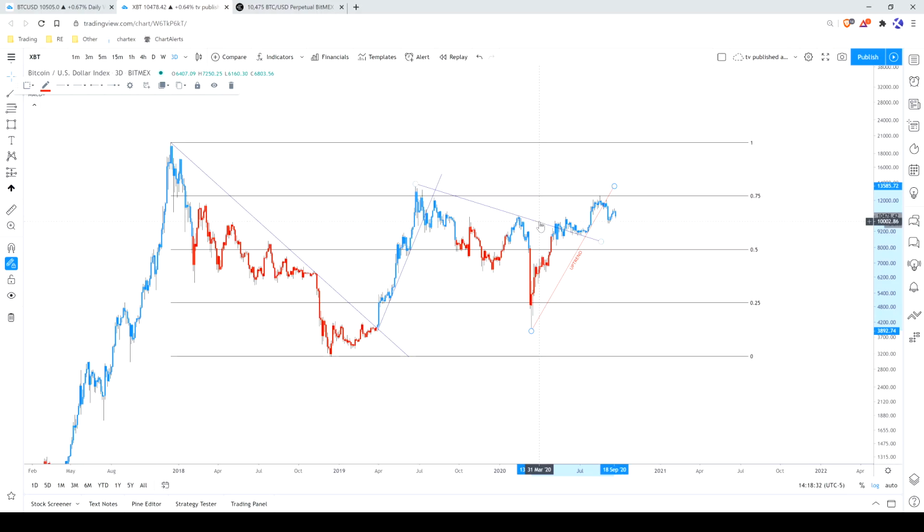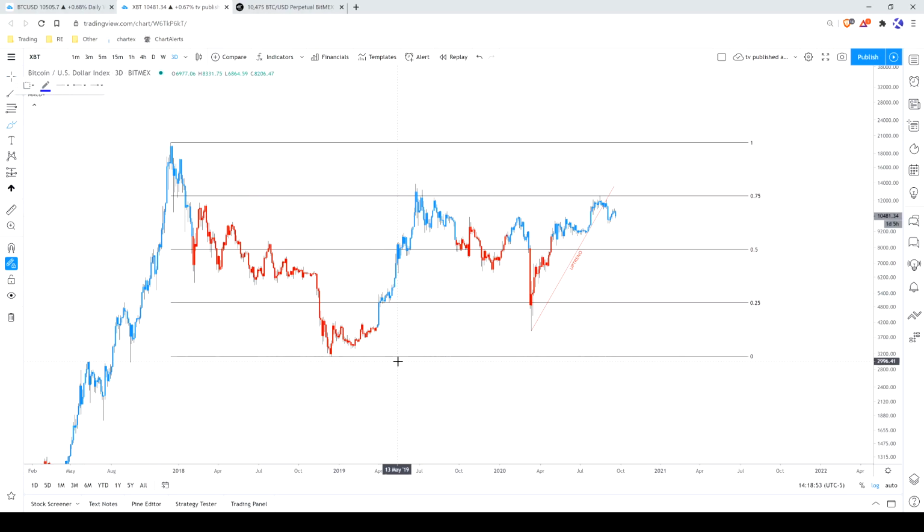So if this is our current uptrend, we've broken down from that, and you can see each of these moves is getting smaller and smaller as we move on, contracting or compressing price action. I expect continued price compression during this move.